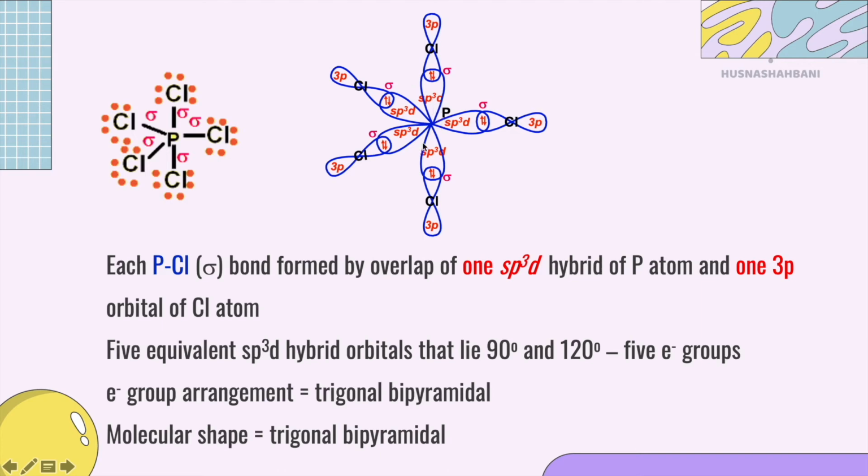When you have 5 sp³d, look at the molecular shape. If you look at the central atom P, it has 5 single bonds, so electron group 5. Electron group 5 gives electron group arrangement trigonal bipyramidal. To determine the molecular shape, look at the central atom: no lone pair electrons, so the molecular shape is the same as the electron group arrangement.